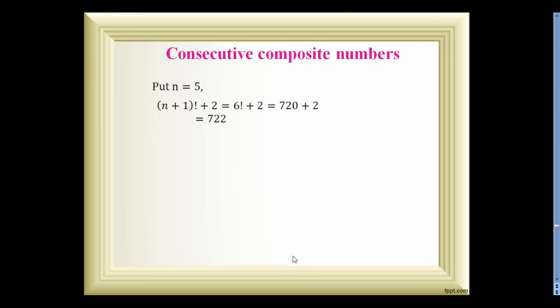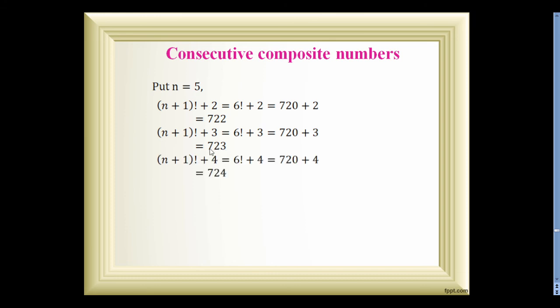Put n equal to 5 in the formula. (n plus 1) factorial plus 2 is 6 factorial plus 2, which is 720 plus 2, we get 722. Second term, 6 factorial plus 3, 720 plus 3, we get 723. Then 6 factorial plus 4 is 720 plus 4, that is 724.